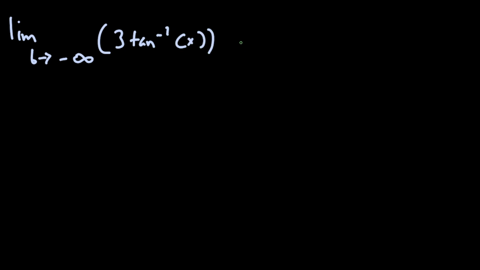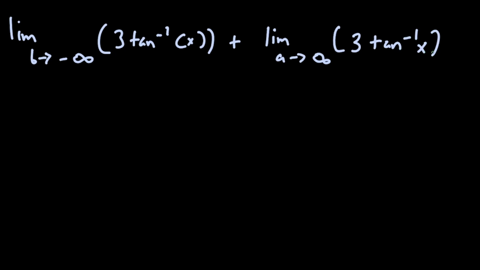Let's clear up our notation and evaluate the limit as b approaches negative infinity of 3 tan inverse x, plus the limit as a approaches positive infinity of 3 tan inverse x. The first term is evaluated from b to 0, and the second term is evaluated from 0 to a.